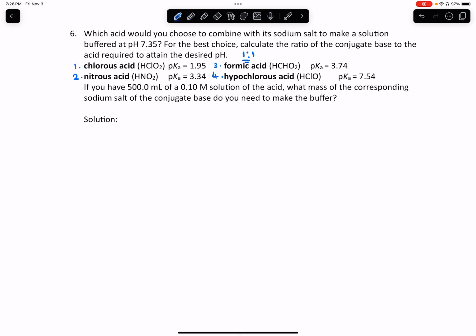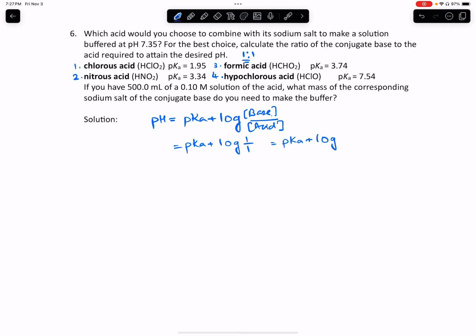If you put that into the Henderson-Hasselbalch equation, which I'll write down as pH is equal to pKa plus log of concentration of base over concentration of acid, and if the ratio is 1:1 between the base and the acid, then that simplifies to pKa plus log of 1/1, which is equal to pKa plus log of 1.